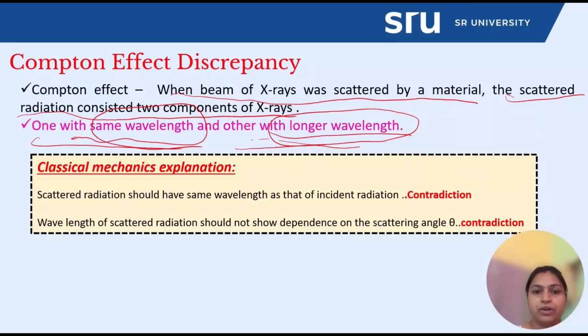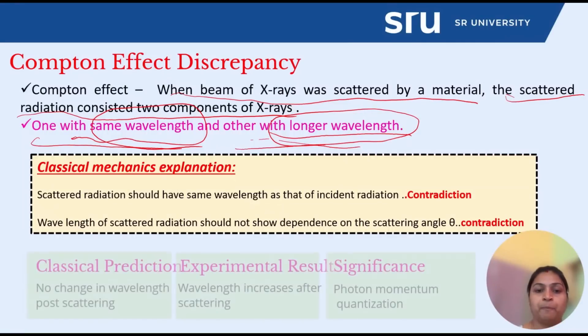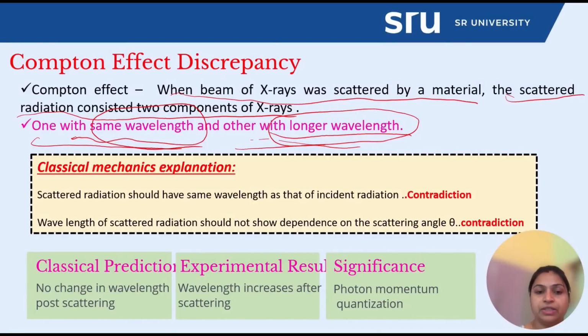The classical prediction is no change in the wavelength after scattering. The experimental result shows that the wavelength increases after the scattering. The significance is photon momentum quantization. Since we get a different wavelength, the scattered photon has lower energy, hence the longer wavelength, and the electron recoils with kinetic energy.